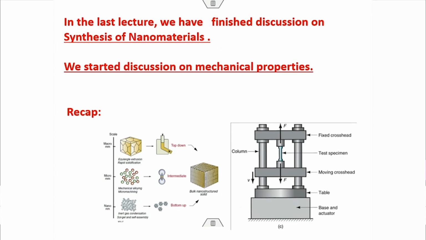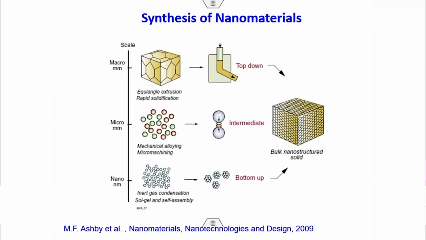to bottom up, and also some intermediates like mechanical alloying. We also discussed how the mechanical properties can be measured and all these aspects. That was the main thing we discussed. As you know, synthesis of nanomaterials is done mostly by top down and bottom up approaches.